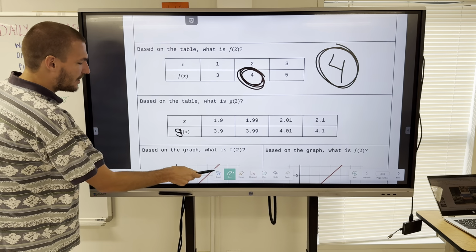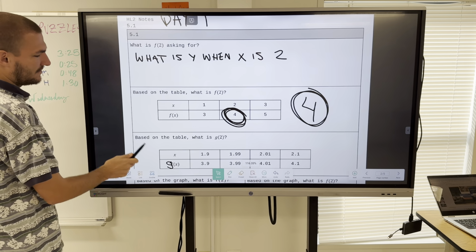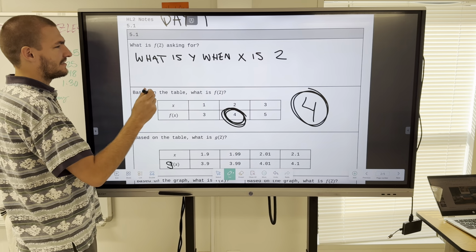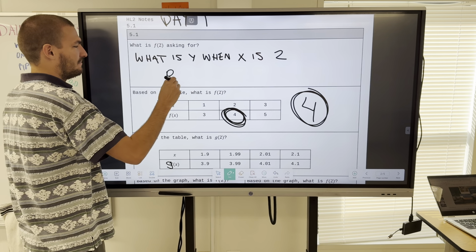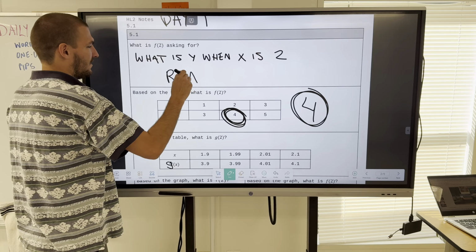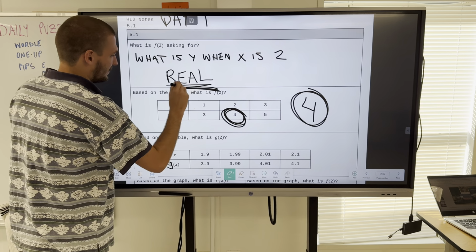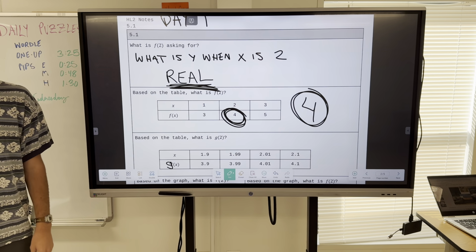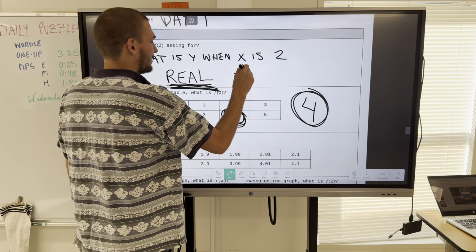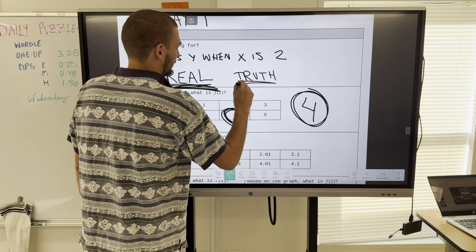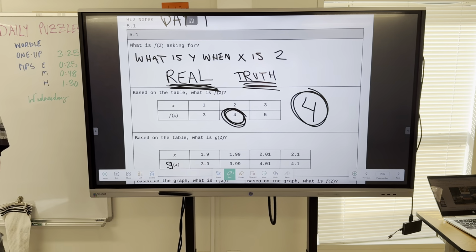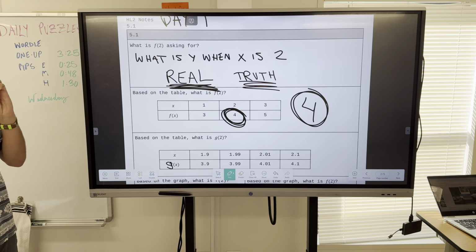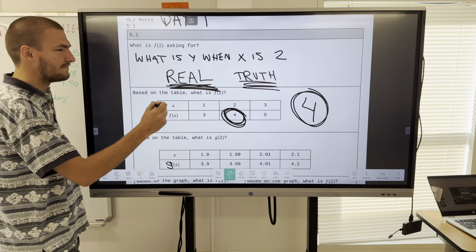So, I'm gonna go back up to this top here, okay? And this, what is f of 2 asking for? This is based on real. This has to be the real true thing, okay? Maybe we even could use a word like truth, okay? This has to be the accurate answer, the truth of where it is. And so for this one, I like this.